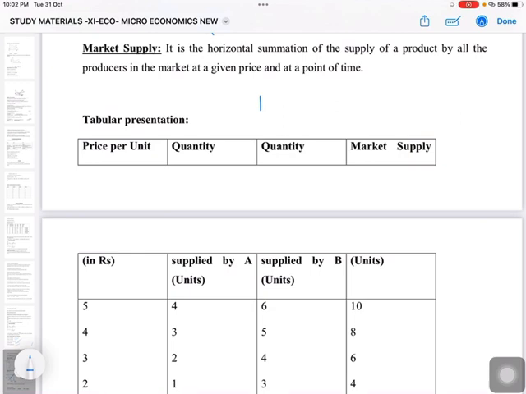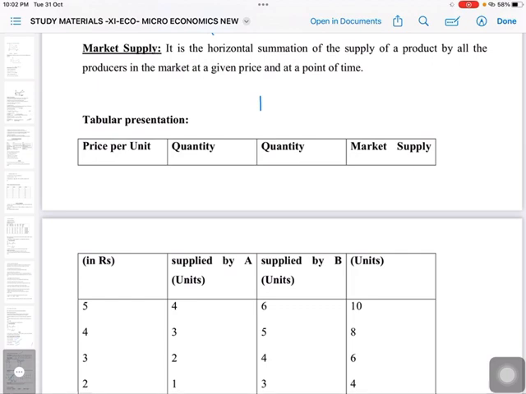But market supply represents the total quantity of a commodity supplied by all the sellers in the market at a given time and a given price. That means the sum of individual supply gives you market supply.